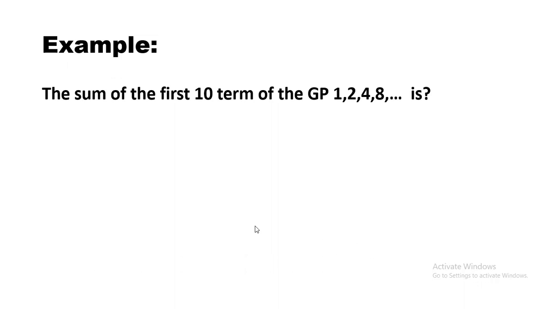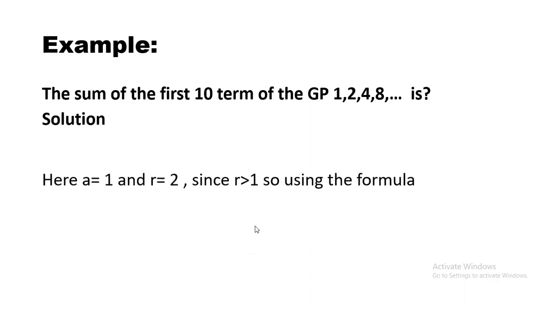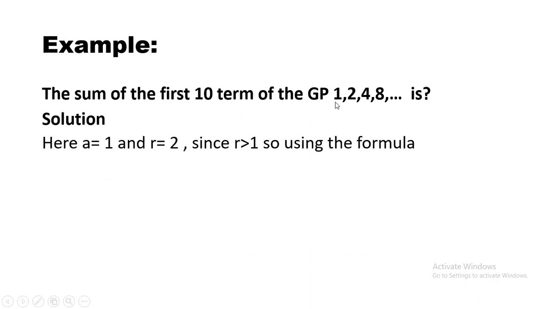Moving on to another example. Now out here they are asking us the sum of the first 10 terms of the GP 1, 2, 4, 8 and so on. The first term, that is a, is 1 out here.